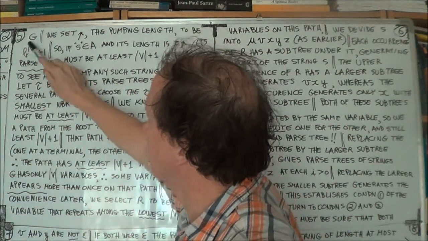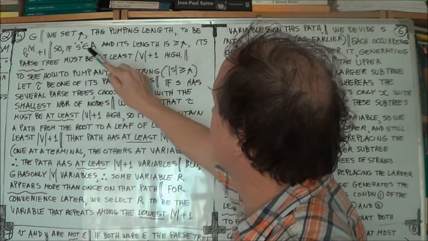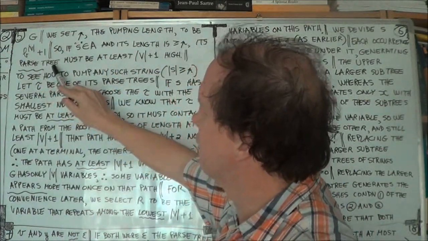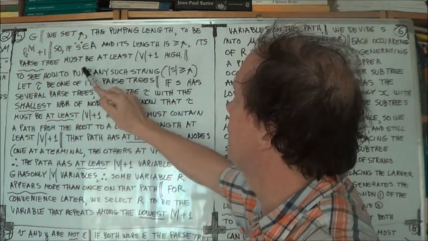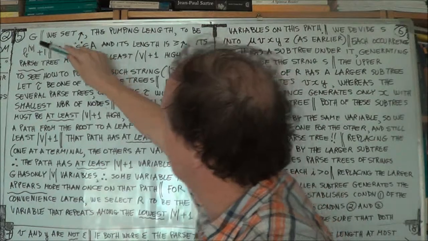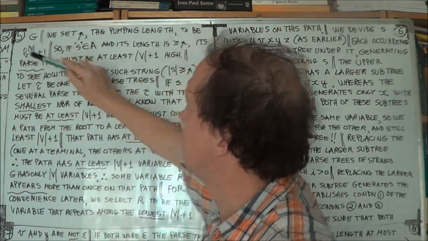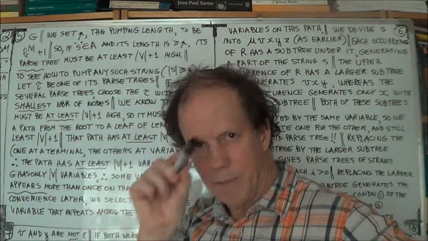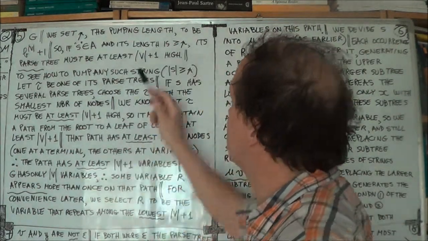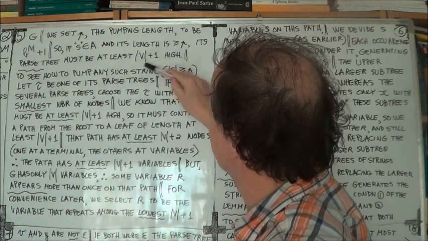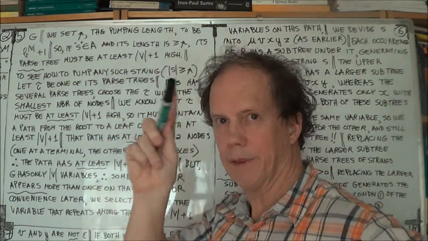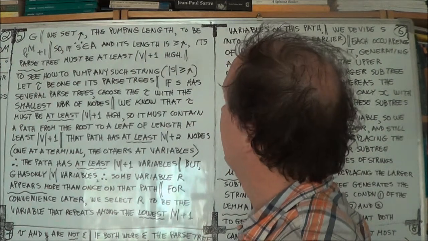We don't have an h now; we have just mod v. So the long path in the parse tree for your string must be at least the equivalent of h plus 1, but h is now mod v. So the length of that path must be greater or equal to mod v plus 1. Remember that. Critical.